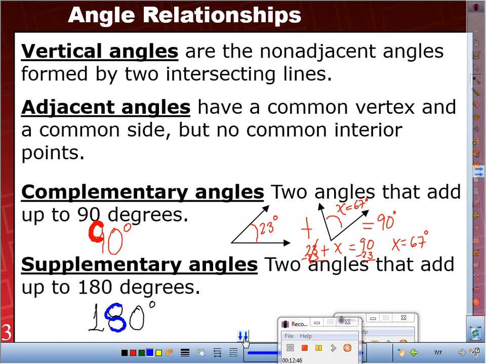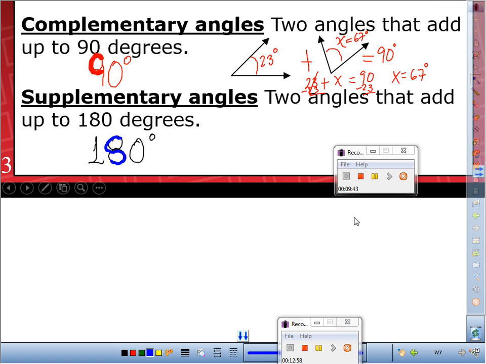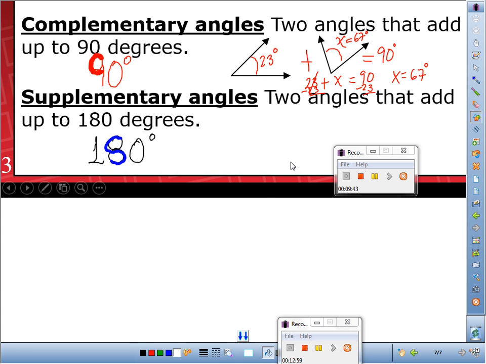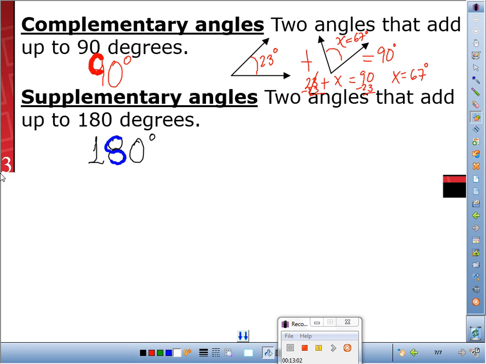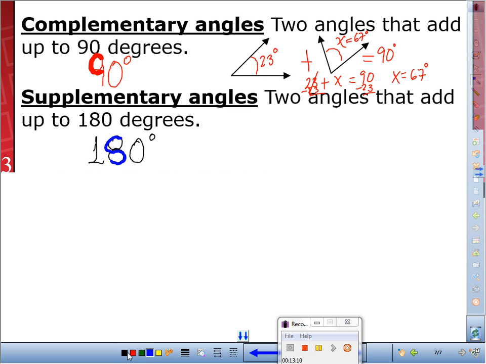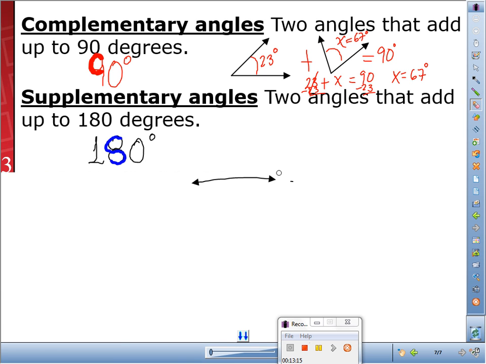So with that said, let me give you two angles that are equal to 180 degrees. Draw this, please. So we're done with complementary, yes? All right, draw this. Oh man, that was an ugly line. Be nice.